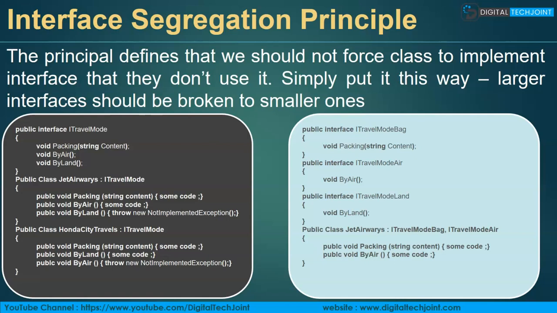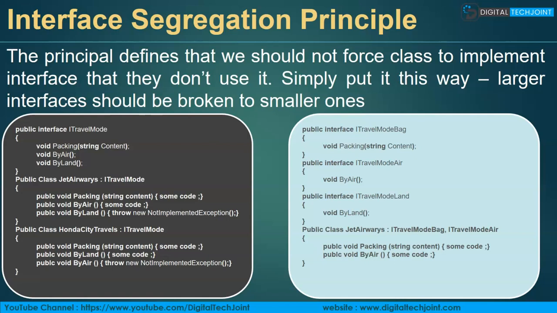But if you notice, Jet Airways is an airline company and it only travels by air, but it has to use the by land method because it implements the ITravelMode interface. So we need to add a throw new NotImplementedException in Jet Airways as well as the Honda City class.